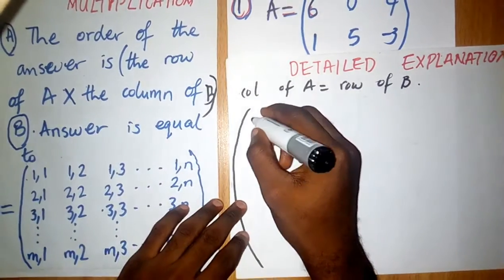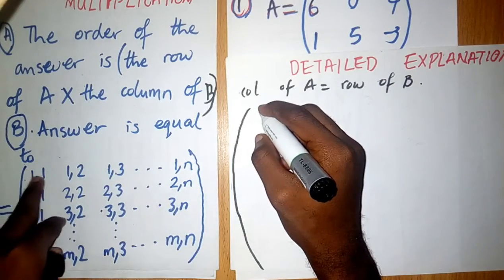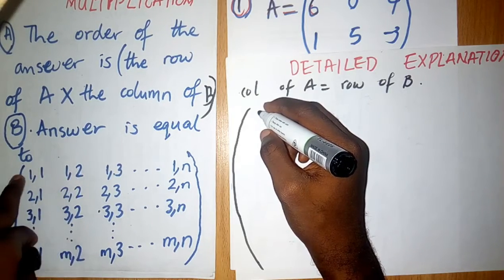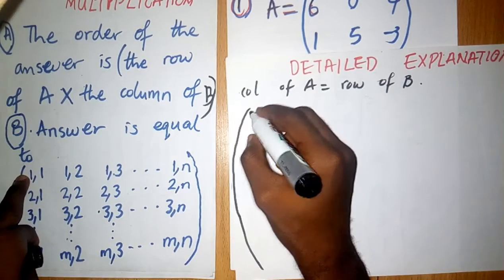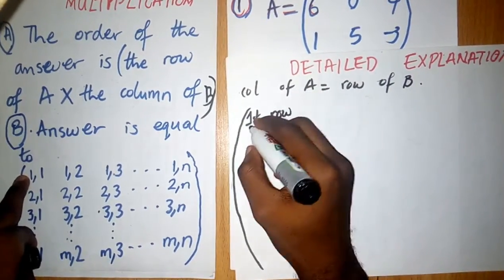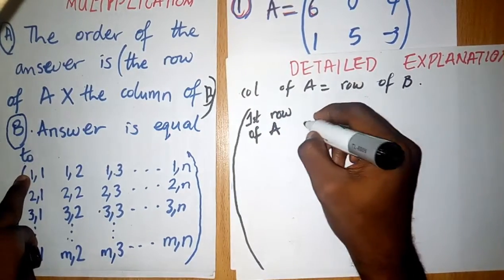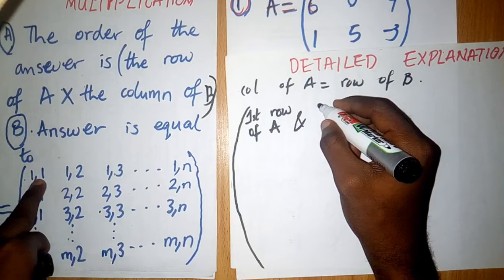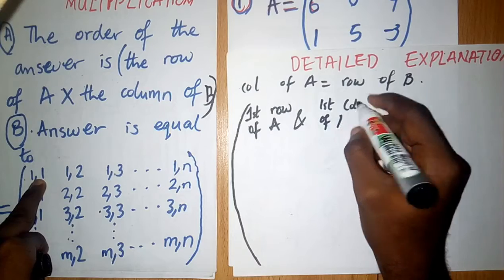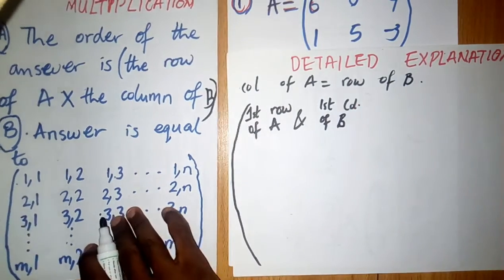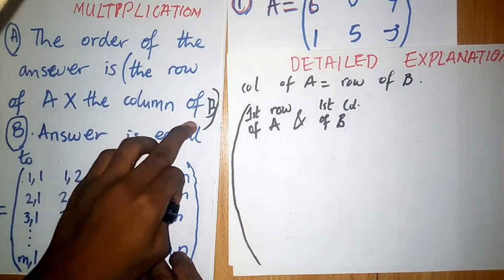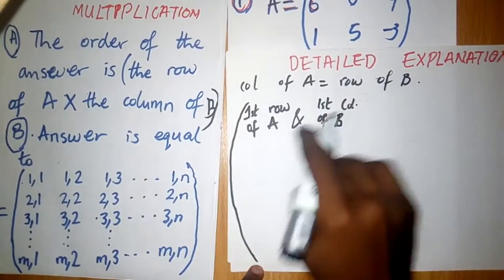Your first entry, which is 1 by 1: this is A, this is B. Your first row of A is going to be multiplying your first column of B. Remember, we say our answer must be row of A by column of B.